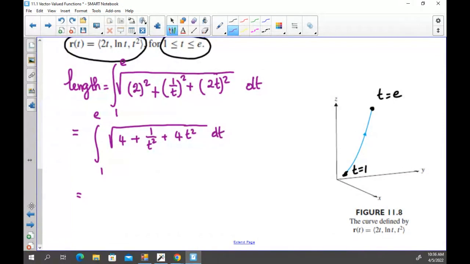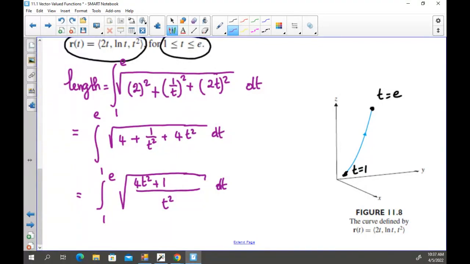Now, of course, your calculator may be able to calculate this. Okay, but let's do it by hand. So 1 to e. What I'm going to do is put this all into the same denominator. So if I use t squared as the denominator, this 4 will become 4t squared.